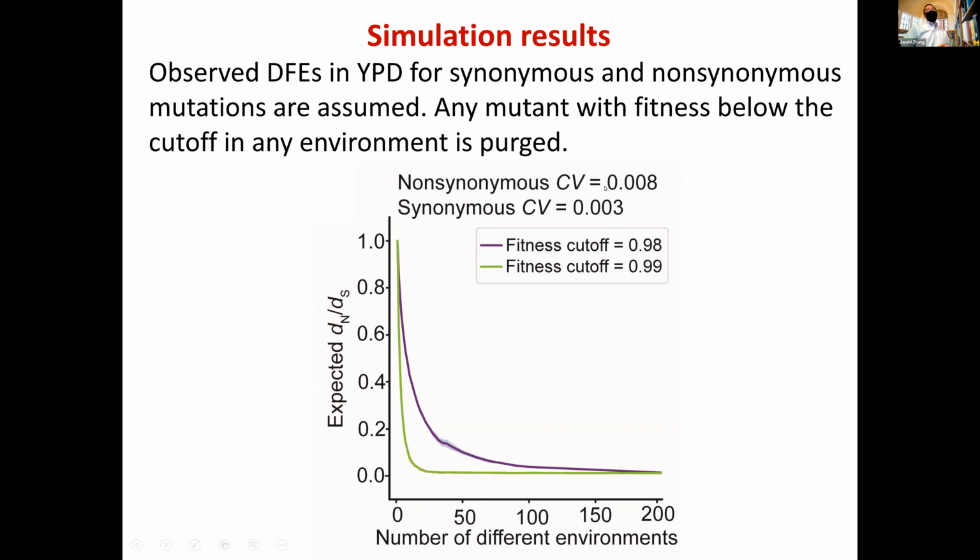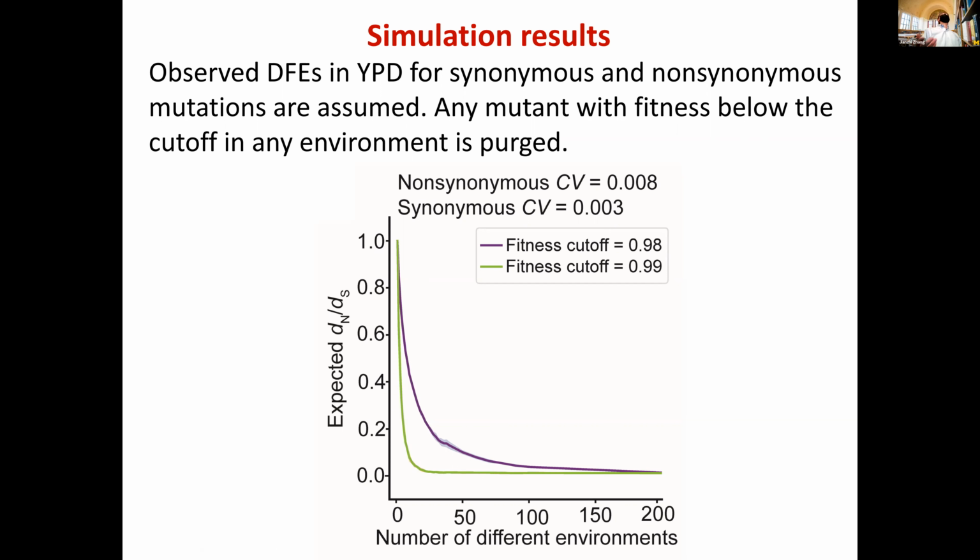We gave high variation for non-synonymous and synonymous mutations. In this plot, the y-axis is the expected dN/dS ratio. If you have only 1 environment, the expected dN/dS ratio is around 1 because the 2 distributions are very similar. But as the number of environments increases, the dN/dS ratio decreases, because we assumed non-synonymous mutations have high CV in fitness across environments.